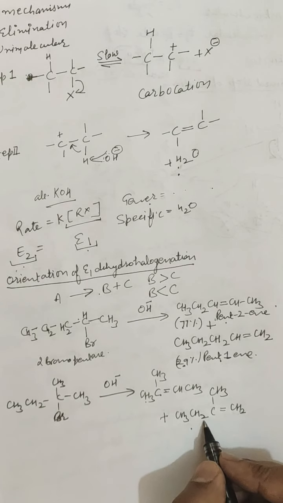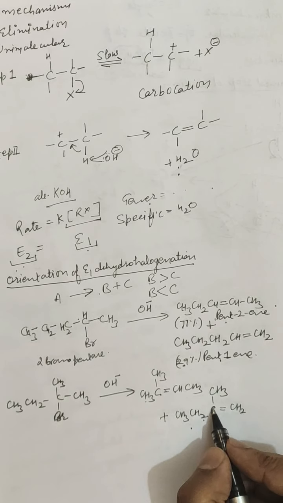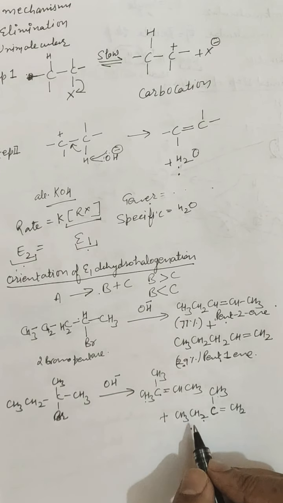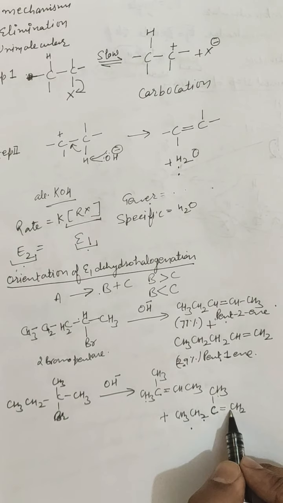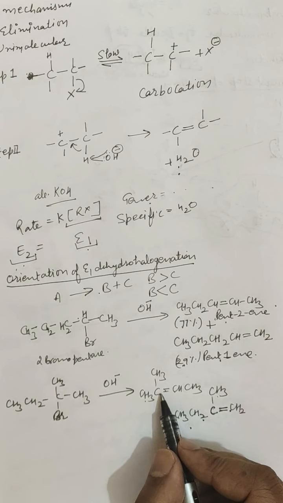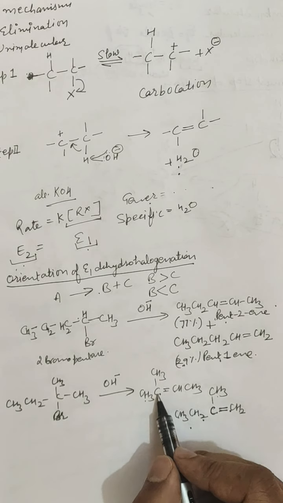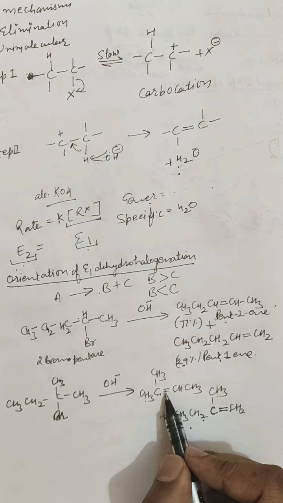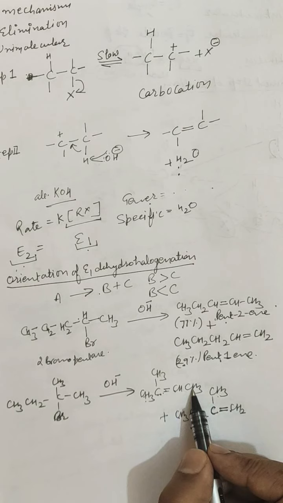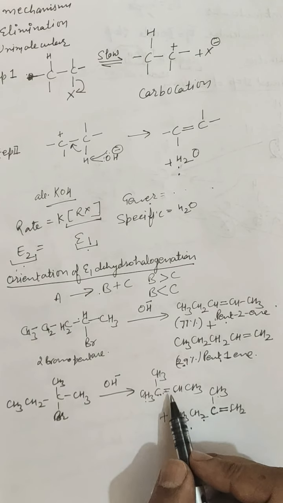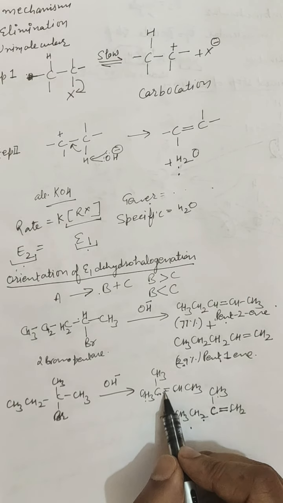This is called 2-methyl-but-1-ene because at the 2 position there is a methyl; but means there are 4 carbons in the chain, 1 2 3 4, and 1-ene means there is a double bond at the first carbon. This is 2-methyl-but-2-ene because at the second position there is a methyl group, and but-2-ene, but means 4 carbons, 1 2 3 4, and 2-ene means there is a double bond at the second carbon.